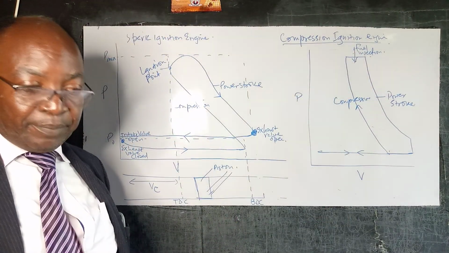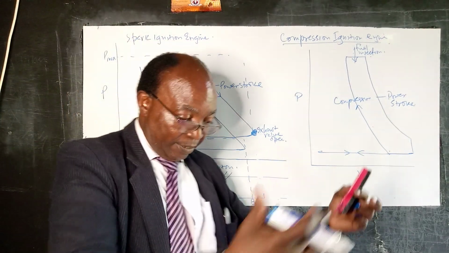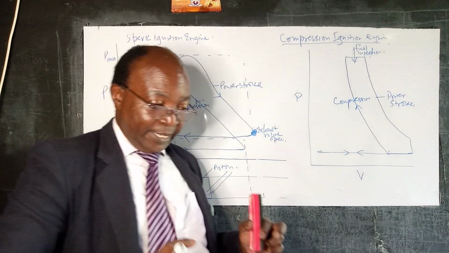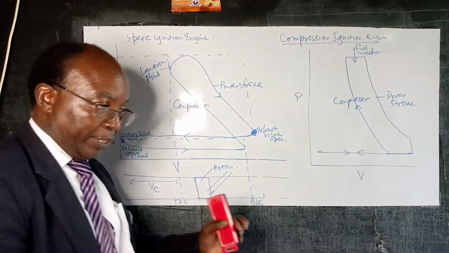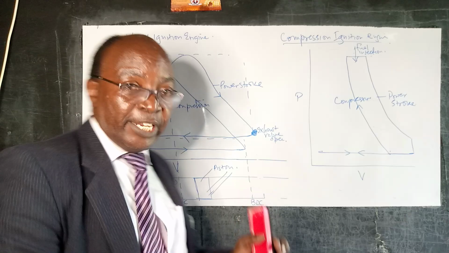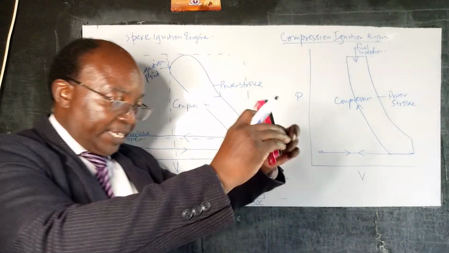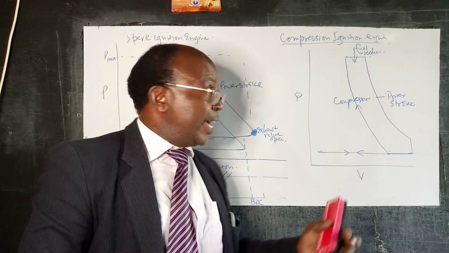The whole processes are the same. Intake, the air-fuel mixture is brought in. Then we have the compression, compressed up to about the TDC. Then we have the ignition, and that's where the systems differ. If it is spark ignition, it's ignited using a spark plug.